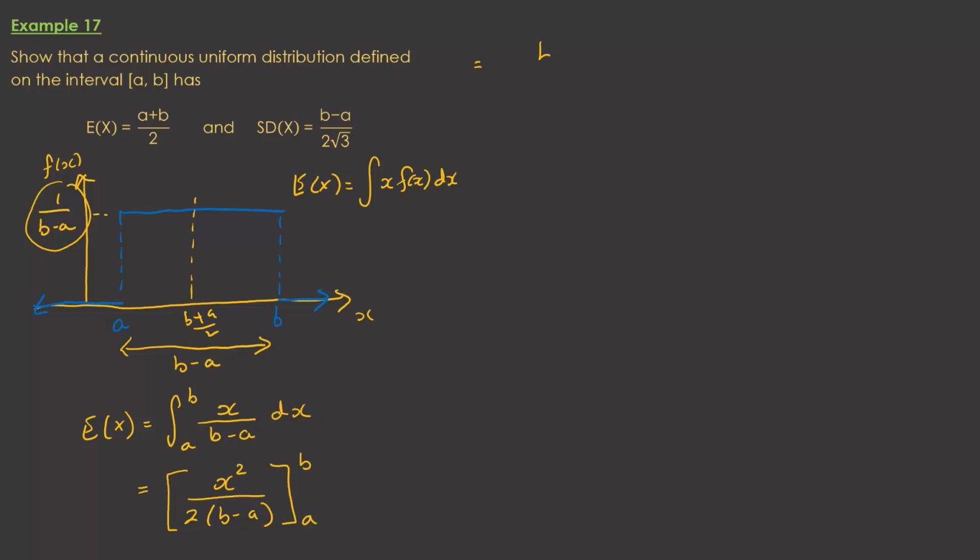Using the top limit, that's b squared over 2(b − a). And using the bottom limit, that's a squared over 2(b − a). So we have (b squared minus a squared) over 2(b − a).